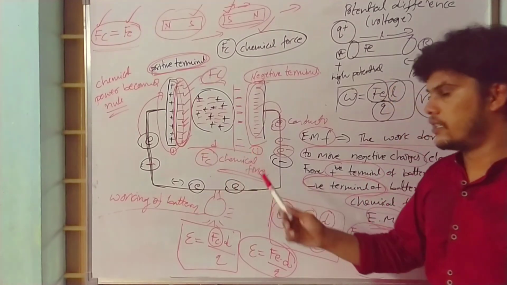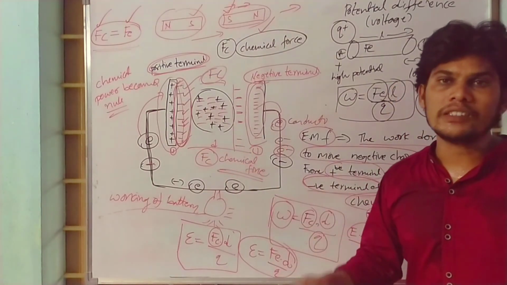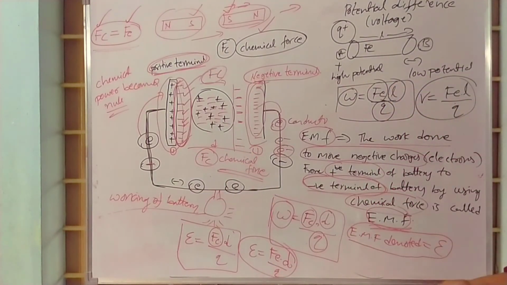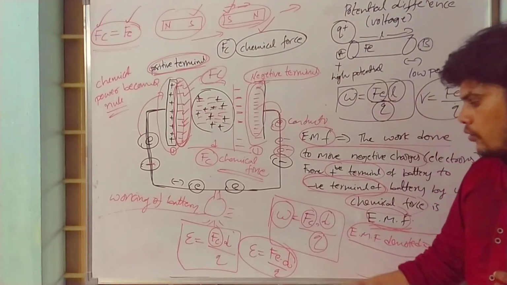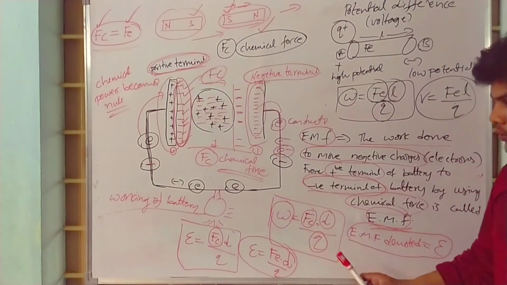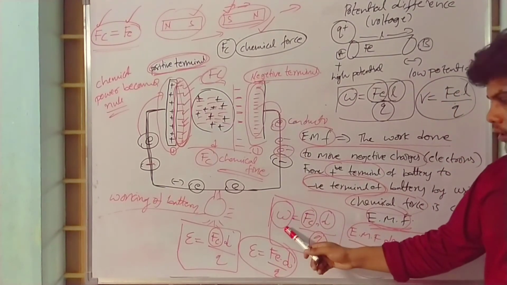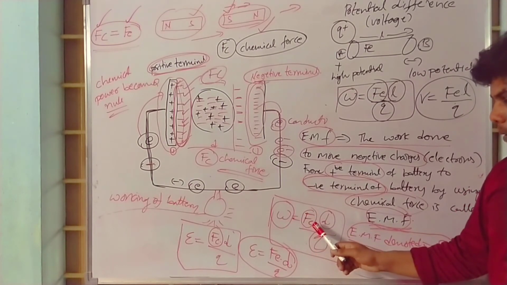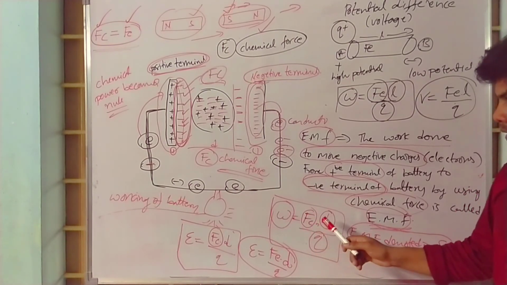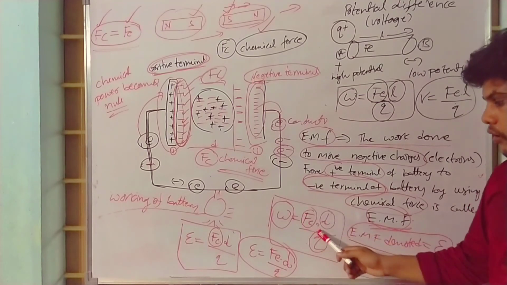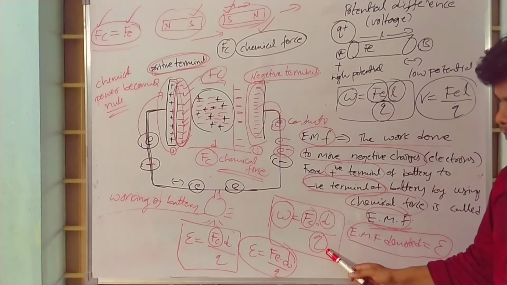It moves d distance, and whatever it may be, some work is done here. So the work done is W equal to Fc into d by Q. W means work done by applying a chemical force and moving d distance. This total happens on the charge Q.